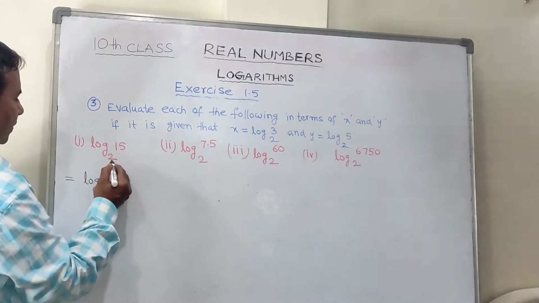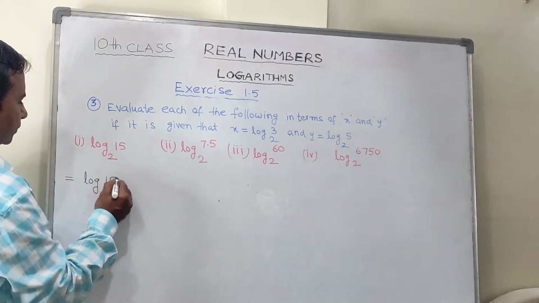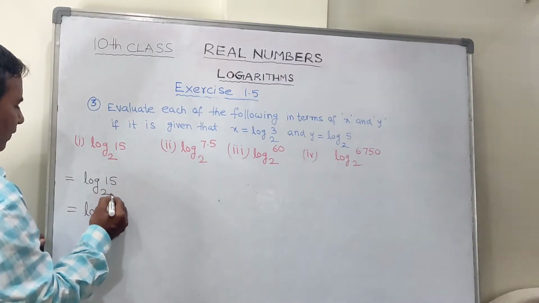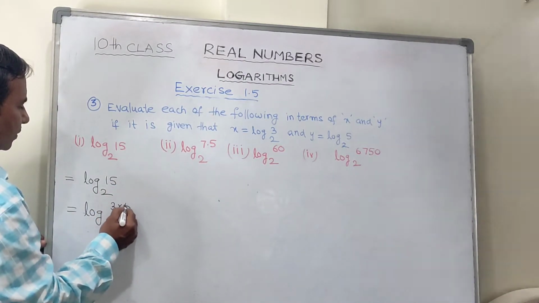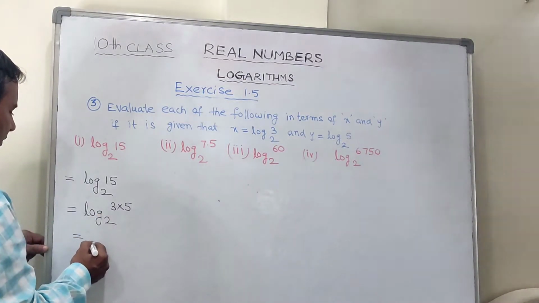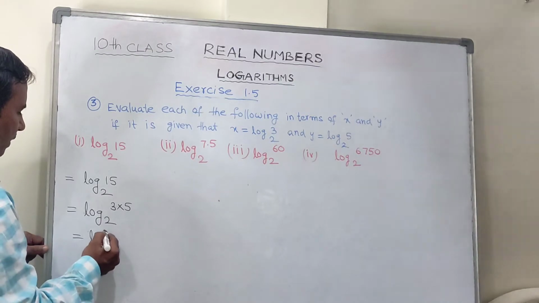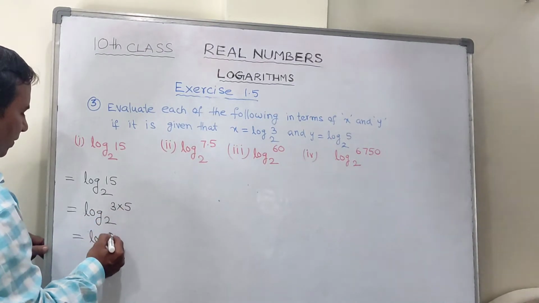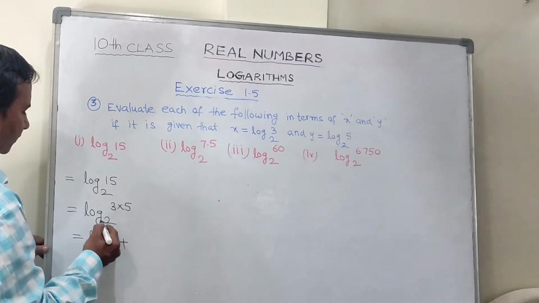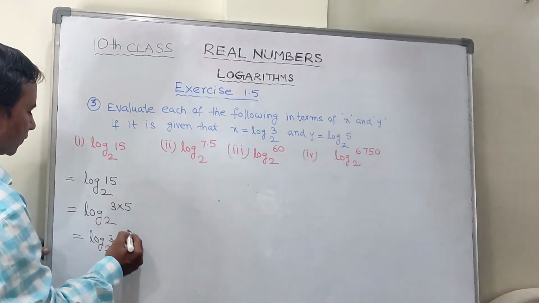log 15 to the base 2. This 15 we can write as 3 into 5. If you expand it, how can you write it? Log 3 to the base 2 plus log 5 to the base 2.